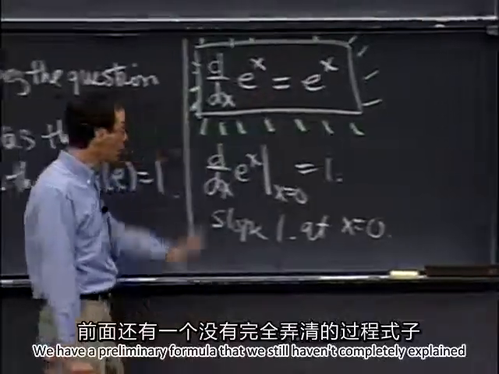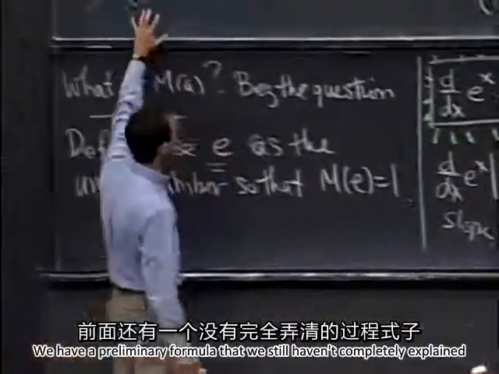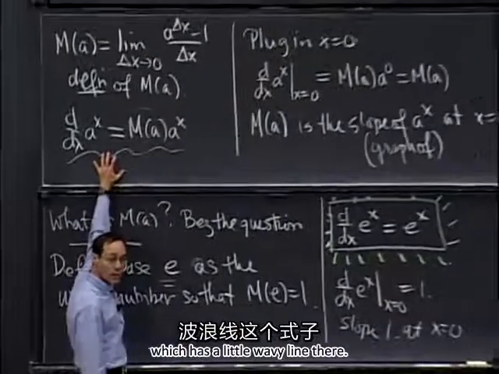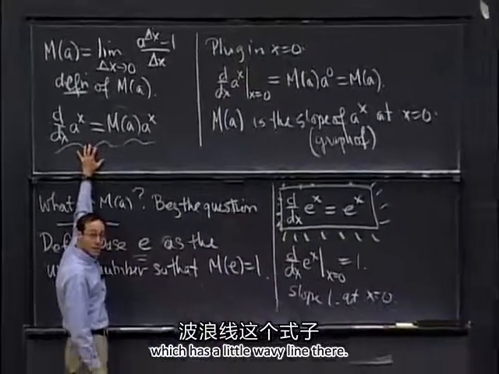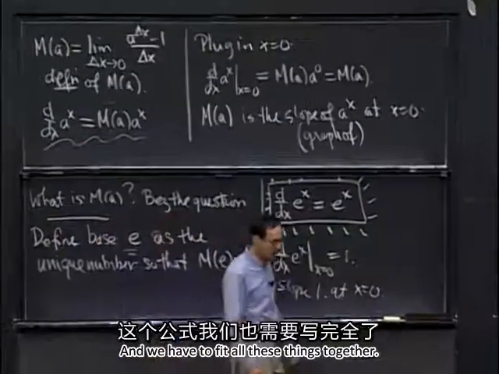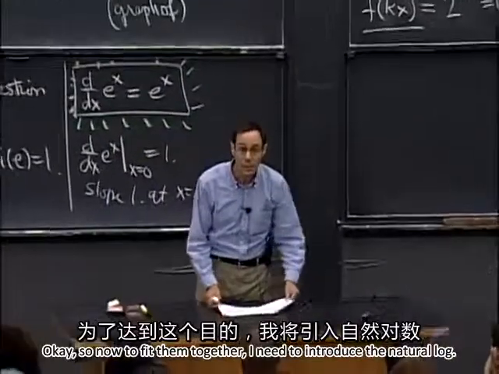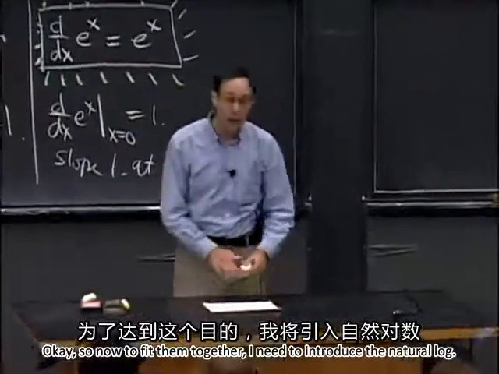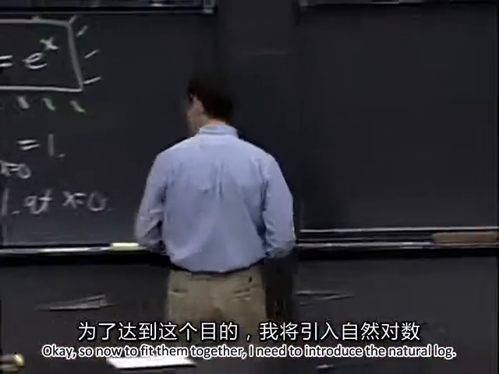We have a preliminary formula that we still haven't completely explained, which has got a little wavy line there, and we have to fit all of these things together. Okay? So now, to fit them together, I need to introduce the natural log.